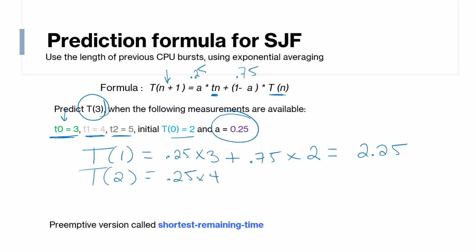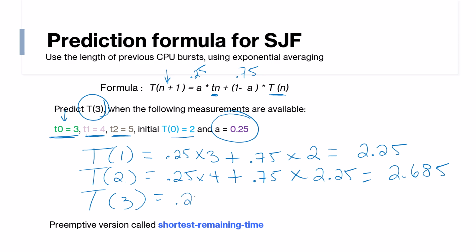So this is the T of 0 burst to get T of 1, T1 burst to get T of 2, T2 burst to get T of 3. And then you're going to add that to 0.75 times what we just calculated, which is 2.25, and that result will be 2.685.